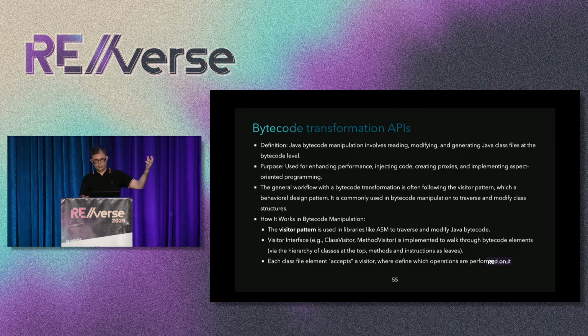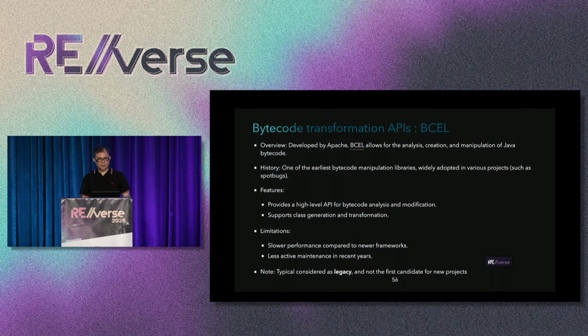You visit the class, you visit the methods, you visit the code chunk, and it goes up into this tree-like hierarchy, as we have seen in the diagram. So here we go into the class and method visitor, and we go through the bytecode, and each of these elements has an accept function and the method. And that's where you define what will be changed.